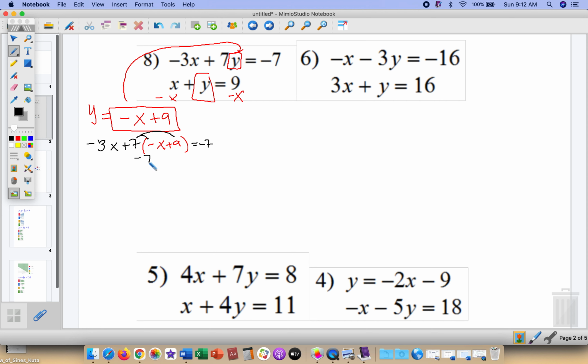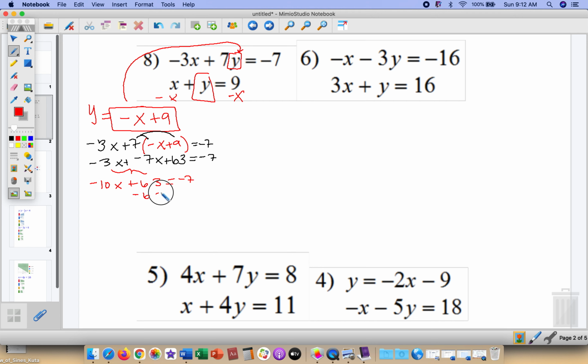So we'd have right there negative 7x plus 63. We have negative 3x here. So we're going to combine like terms. Right in here we have negative 3x and negative 7x. So we have negative 10x plus 63 equals negative 7.